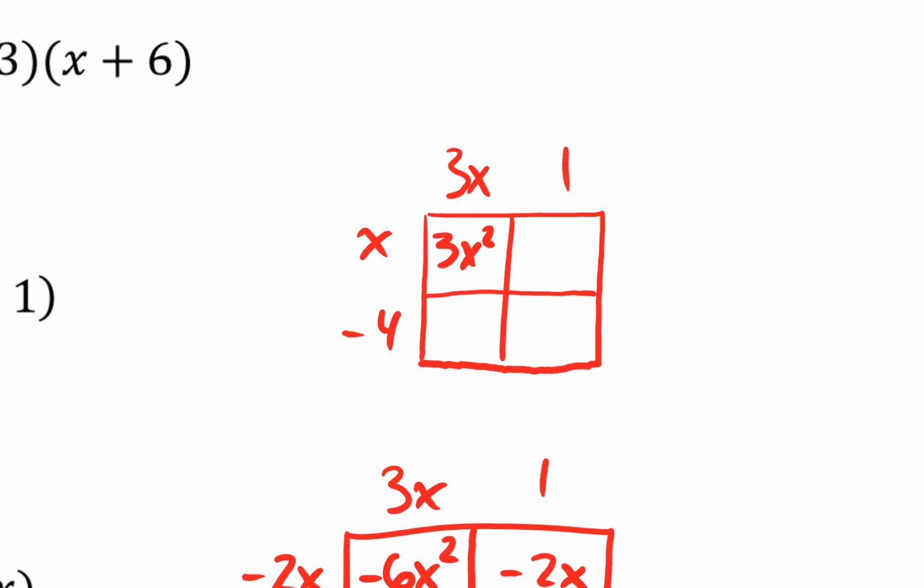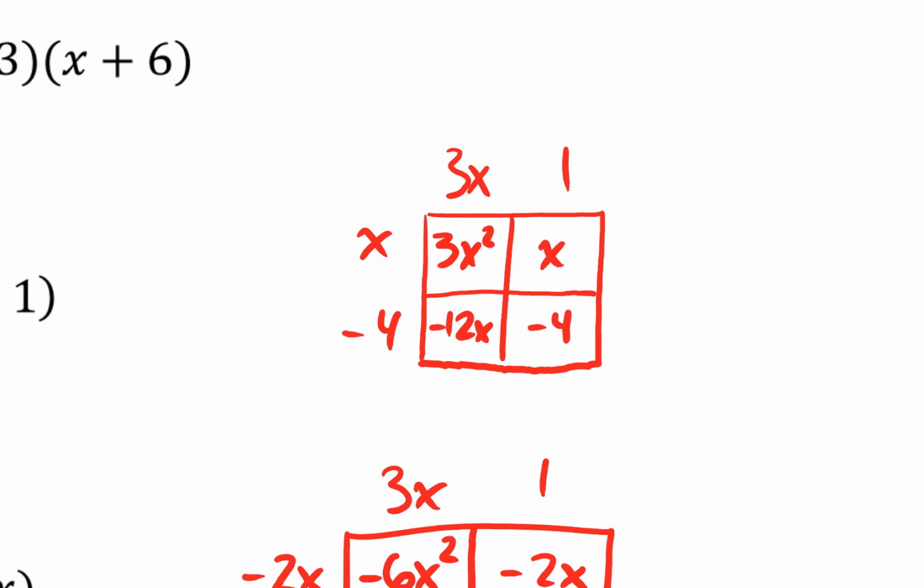Then when I multiply x times 1, that's going to give me a positive x. Then, lower left, I'm going to multiply negative 4 times 3x, which would give me a negative 12x. And then finally, I've got negative 4 times 1, which gives me negative 4.